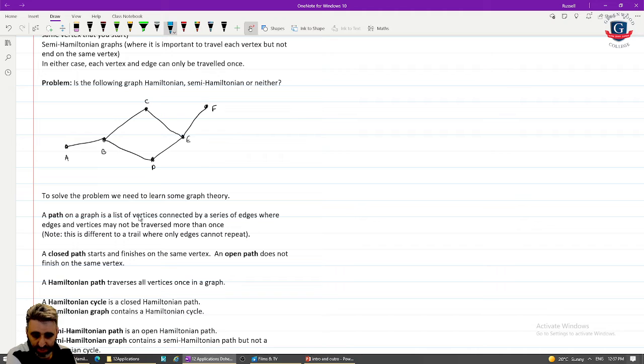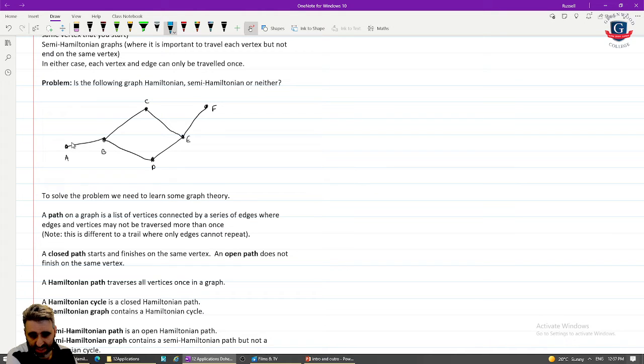Now what's a Hamiltonian path? Well, a Hamiltonian path traverses all the vertices once in a graph. So it would go to A, B, C, D, E, and F without traveling the same edge or vertex more than once. A Hamiltonian cycle is a closed Hamiltonian path.